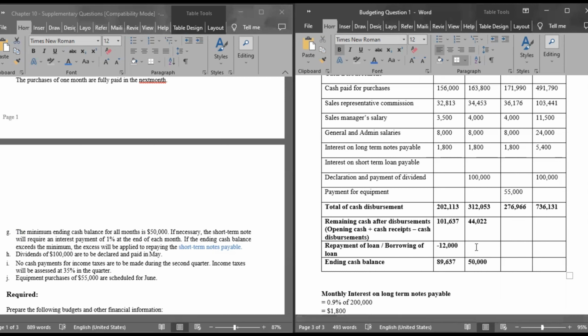To keep the 50,000 ending cash balance, how much do we have to borrow? Just take the difference of remaining cash and ending cash balance. 5,978. Yes.